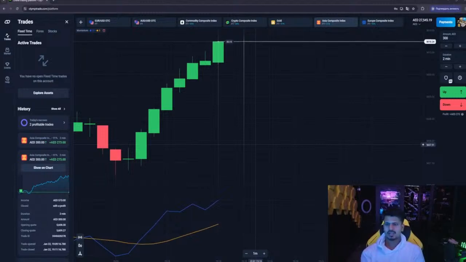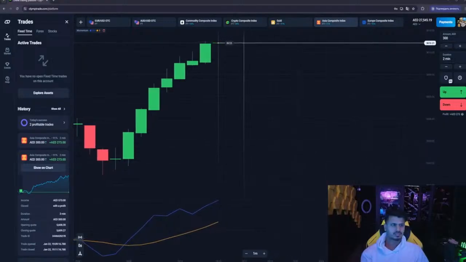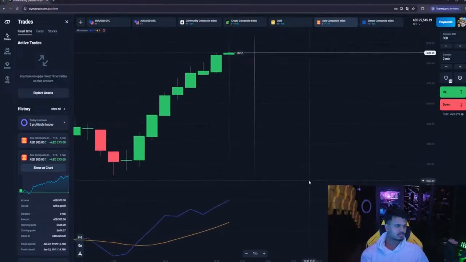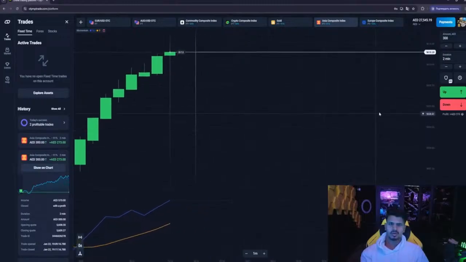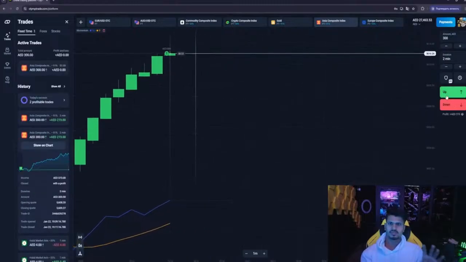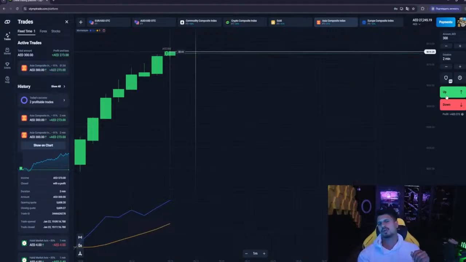Guys, let's make one more trade in the upward direction, or in the downward direction. Okay, I just made the third trade in the upward direction, but it is now trying to move in the downward direction.